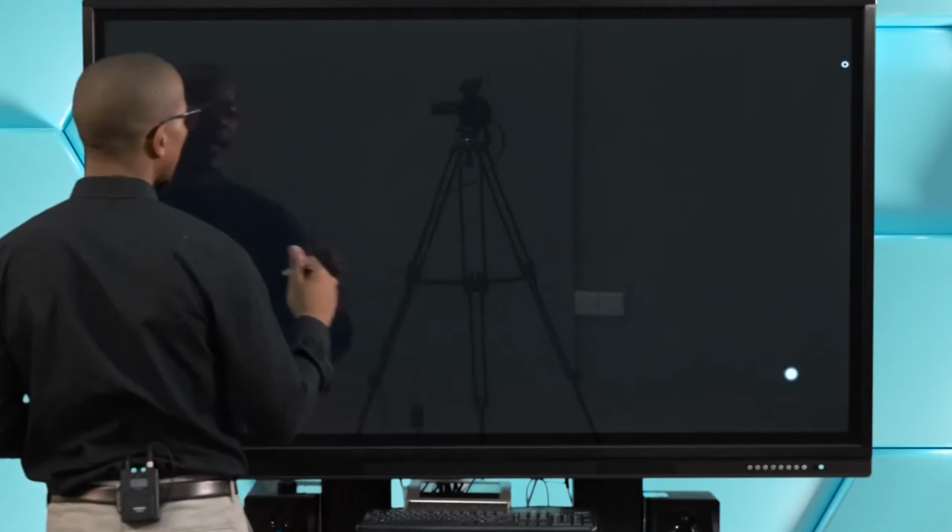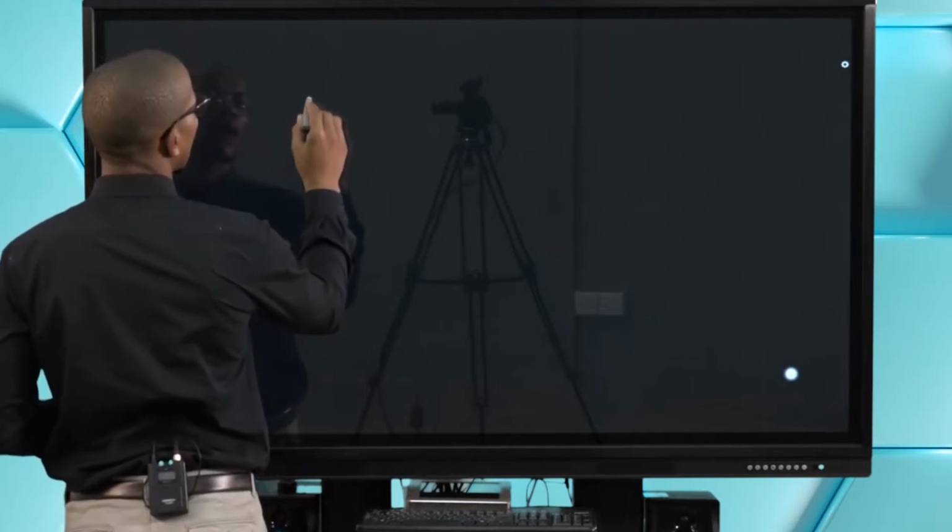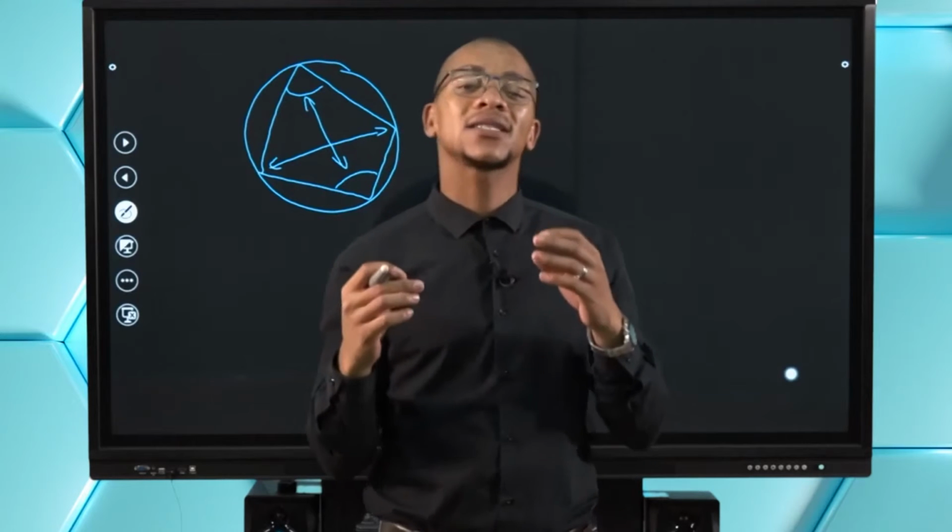So the big idea here is that if I have a circle like this and I have a quadrilateral inside there, when I want to add this angle and that angle, you saw our investigation says that they need to amount to 180. If I want to add that angle and that angle, they also need to amount to 180.